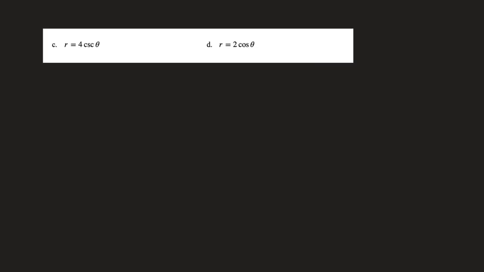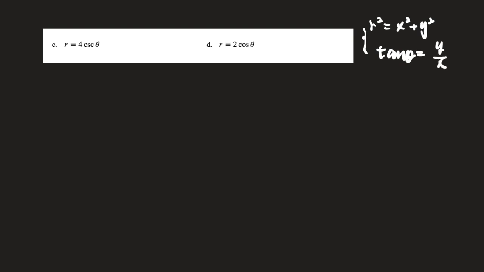Let's practice more conversion. Here are two more examples from the polar coordinate to the rectangular coordinate. I'm going to write the conversion formulas right there. First, r squared is x squared plus y squared, and tangent theta is y over x.